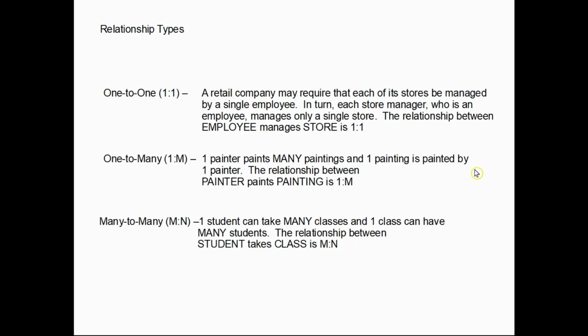Now, in a relational schema database, if you end up with a many-to-many, you have to get rid of the many-to-many. The final design cannot have a many-to-many relationship in it, okay? You break it up into two one-to-manys, which I'm going to show you how to do. So the final design cannot contain a many-to-many relationship.